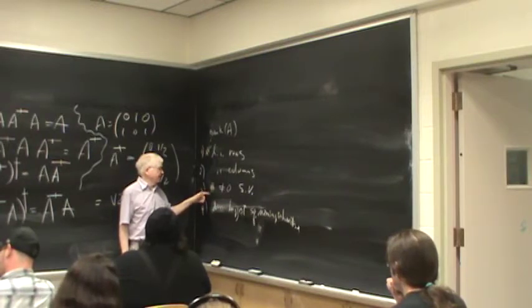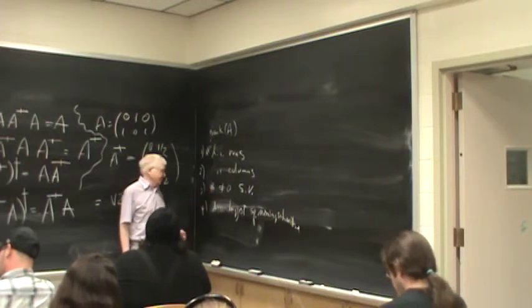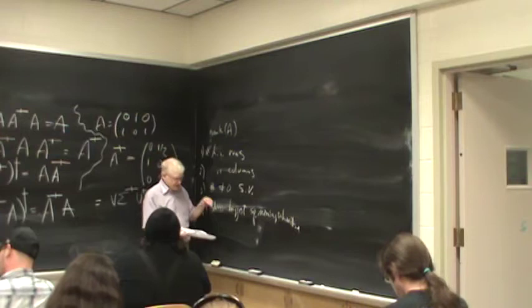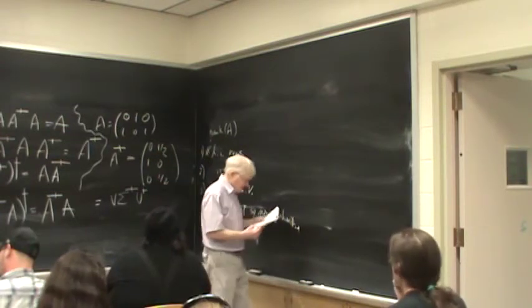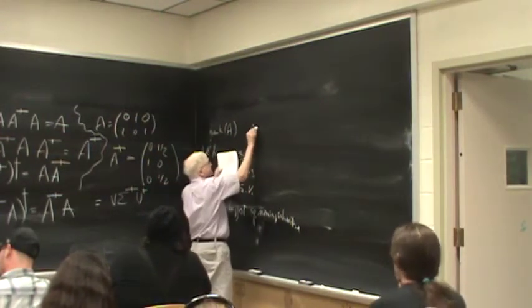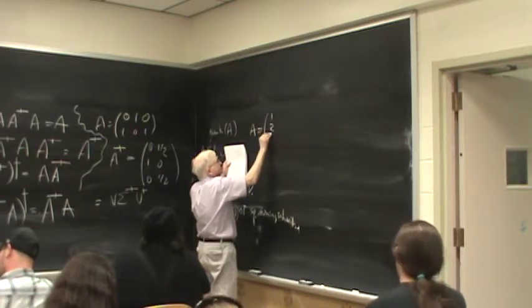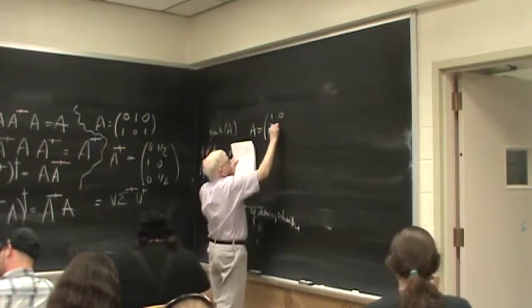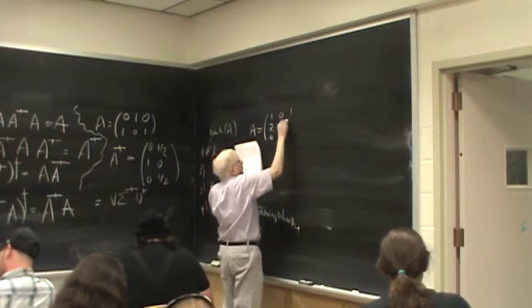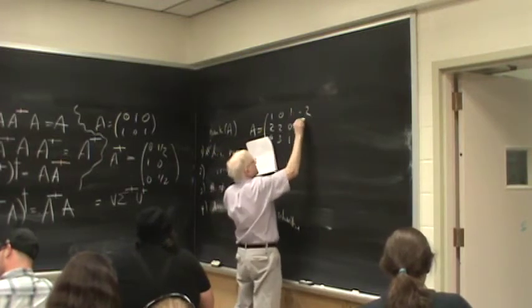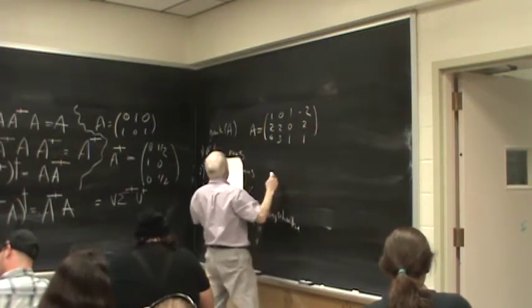An example that I gave here was 1, 2, 4, 0, 2, 3, 1, 0, 1, minus 2, 2, 1.